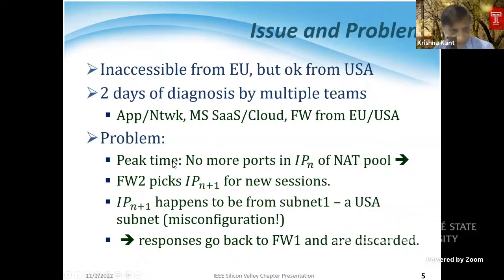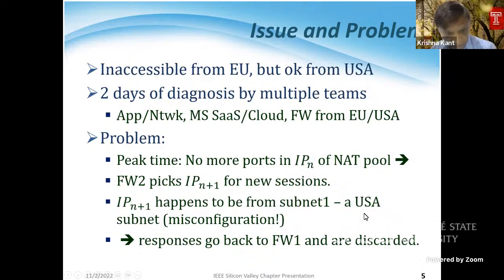So what happened was that during the peak time, there were no more ports left in the NAT pool. So the NAT went ahead and picked up a new IP address and started allocating sessions from that IP address. Unfortunately, it so happened that the next IP address that it picked was from a subnet that actually belonged to the USA.